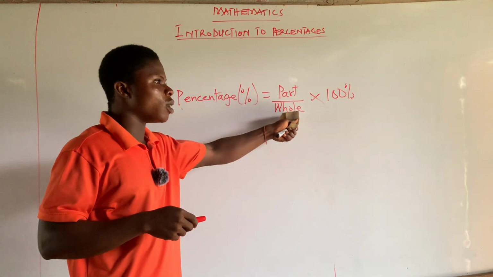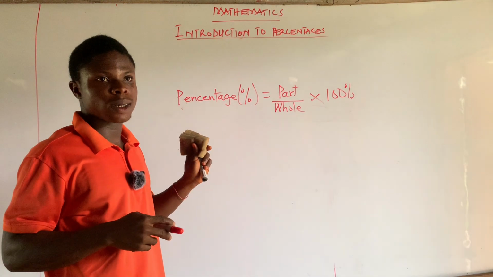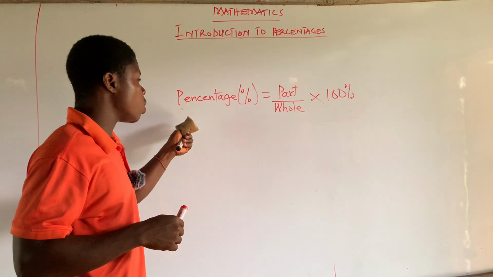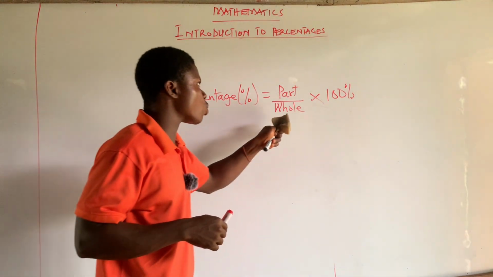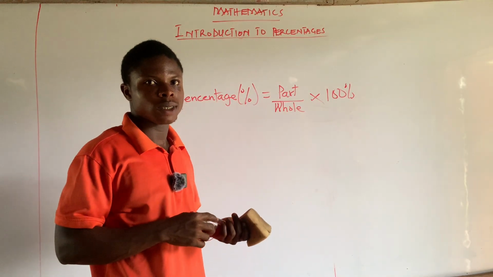If you are to convert something into percentage, this is the formula. So the formula for finding the percentage of something is what is on the board.